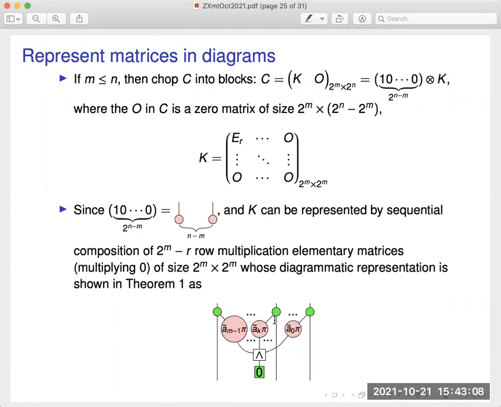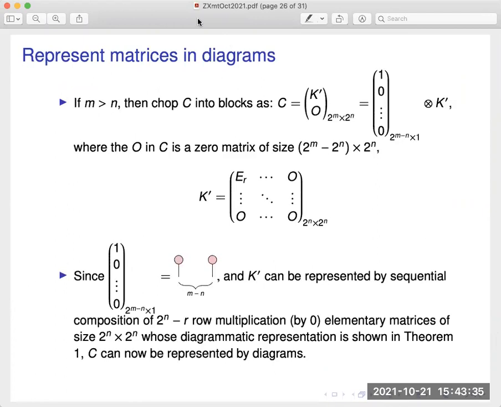You just need to compose all of these kinds of diagrams, and then you will get the diagram for this K. So in this case, if m is less than or equal to n, then you can get a diagram representation for this standard form C. And similarly, if m is strictly bigger than n, then you chop the other way. You chop the C in this way.